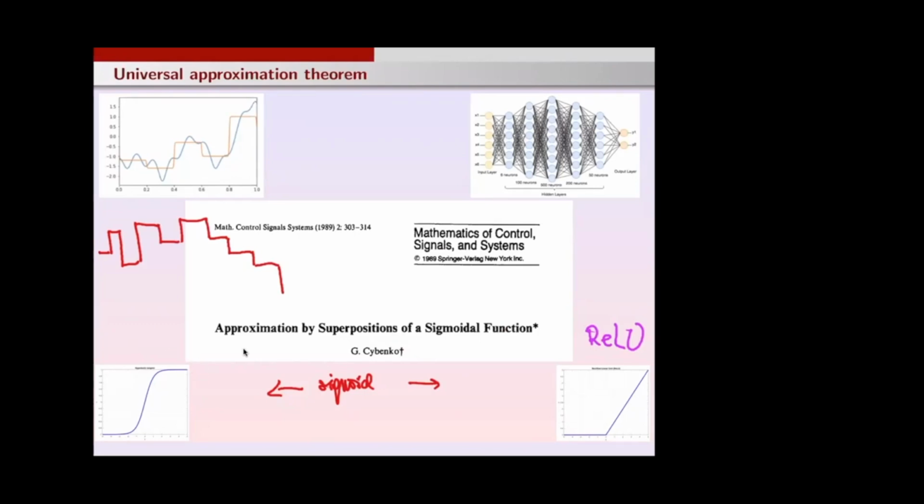If you replace the characteristic functions in this piecewise constant jumping function by sigmoids, you are replacing these sharp transitions by smoother transitions.